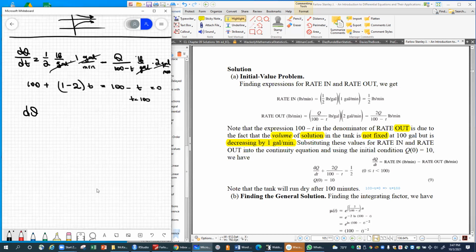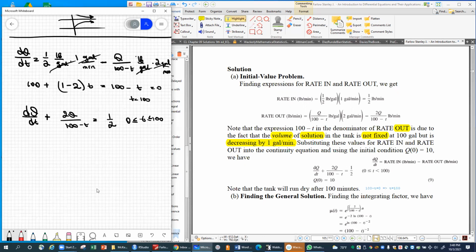So it's dQ/dt plus 2Q over (100 minus t) equals 1/2. And t only makes sense, like we said, between 0 and 100, when the tank drains out.